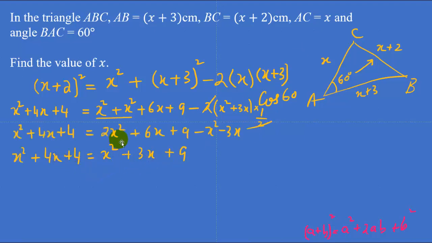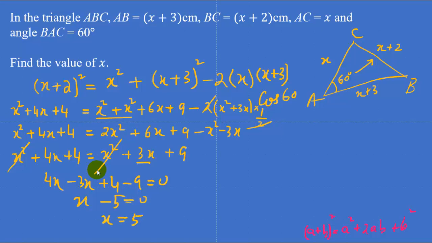Now further simplification: you should bring everything on one side, and you will observe that x square will be cancelled out with this x square. And now 4x, let me bring this 3x over here: x minus 5 equal to 0, and x is equal to plus 5.